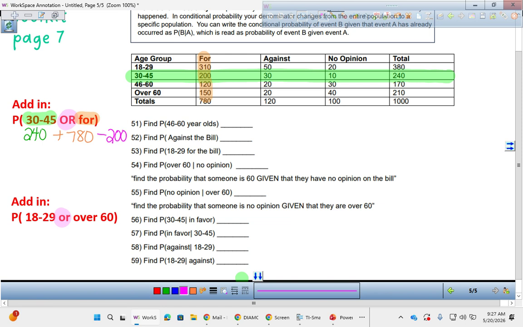For your denominator, there is no given line. There is no conditional probability that you need to meet. If there is no conditional probability that you need to meet, your denominator should always be the big total. The only time it will change from that bottom right-hand number is if there's a condition that has to be met first.